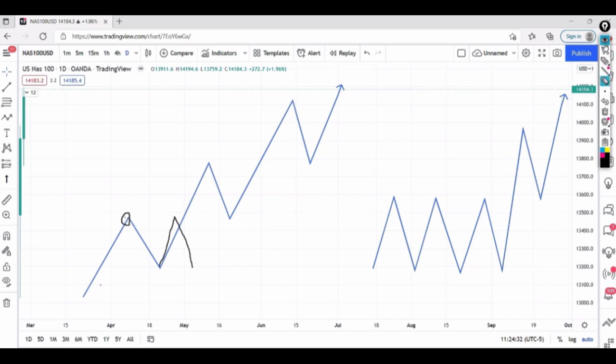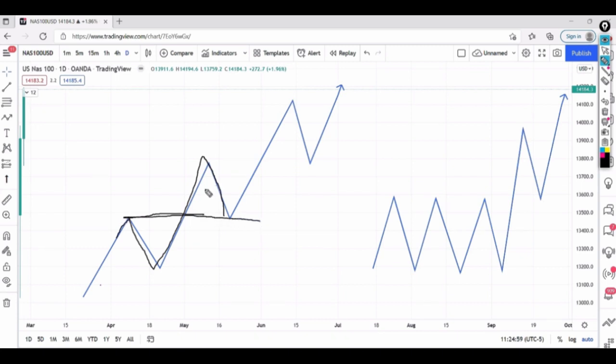So I want you to think about resistance as a ceiling. We are trying to break the ceiling. Once it breaks the ceiling and it comes back, now it creates a floor. Now the floor is support.